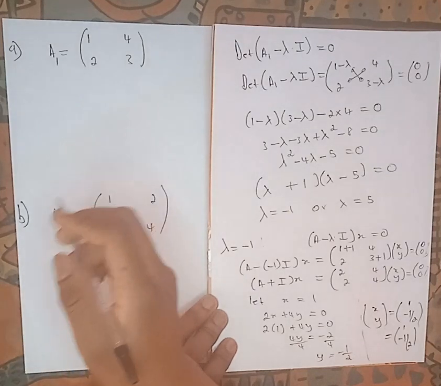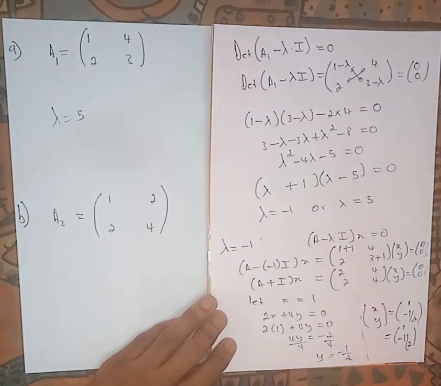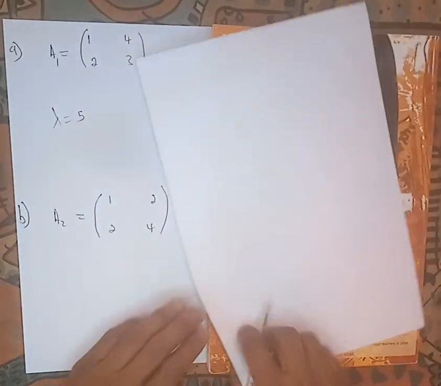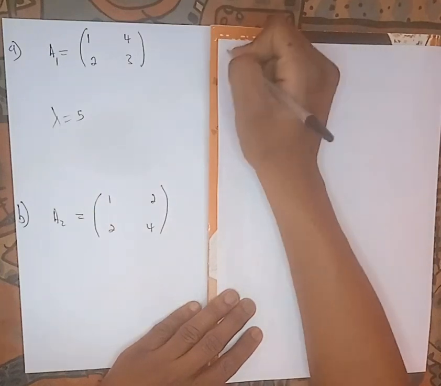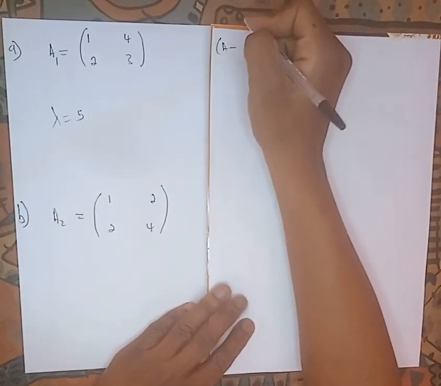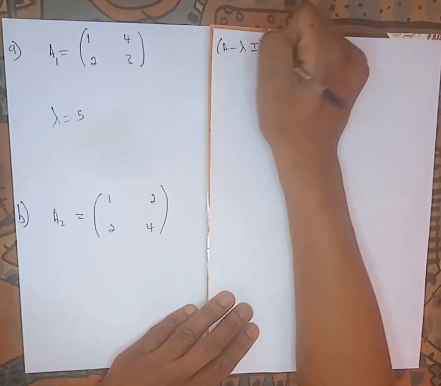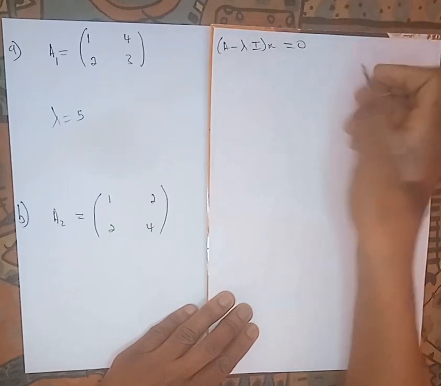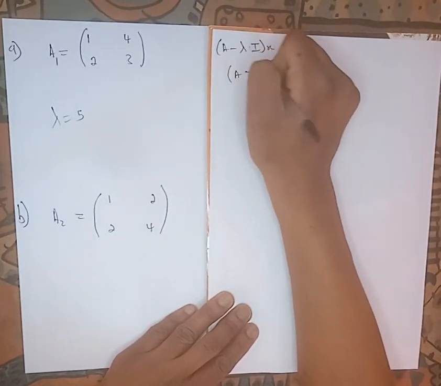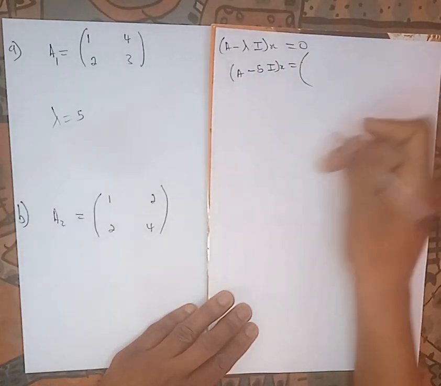So let's do it when lambda equals 5. I'm writing it on that side because I don't want to forget it. So when lambda equals 5, I'm going to substitute again in this equation, which is lambda multiplied by the identity matrix of x, which is 0. So if we substitute by 5, it will be 1 minus 5 multiplied by I x, which is this matrix.